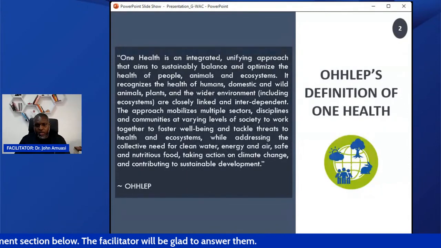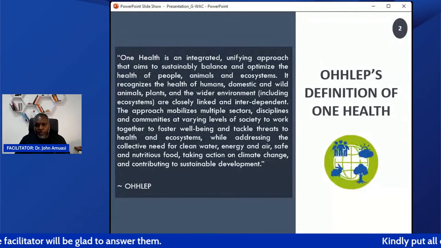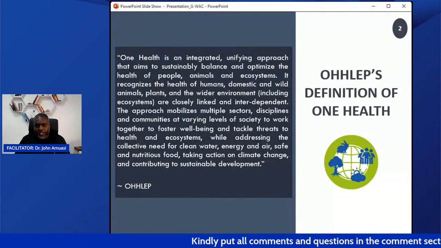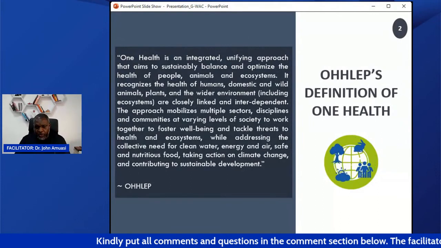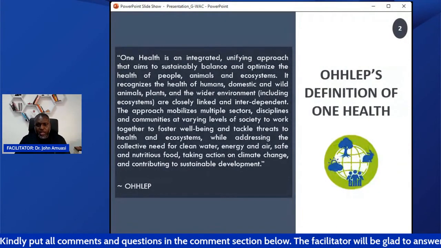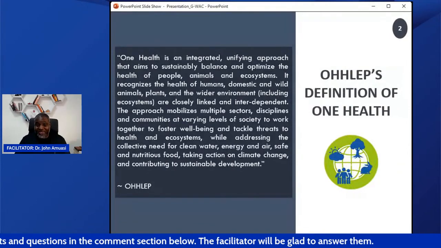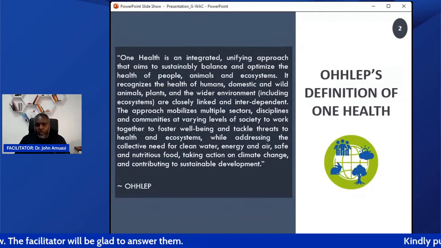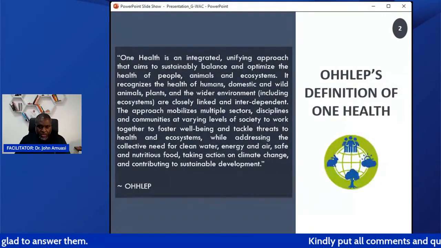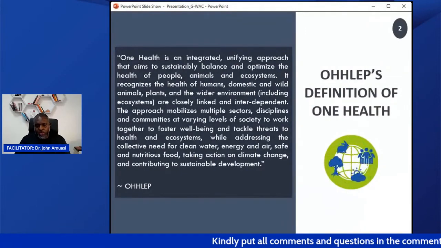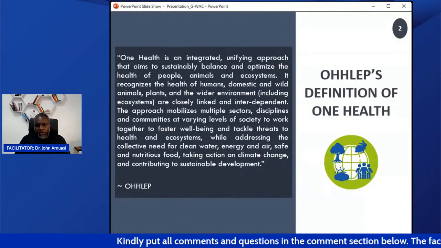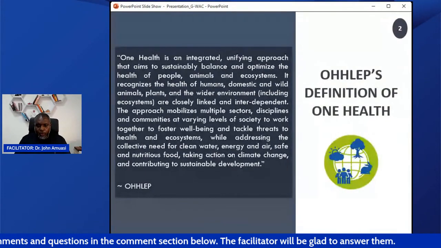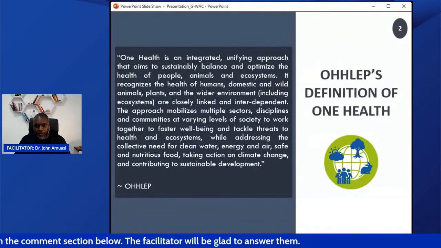It recognizes the health of humans, domestic and wild animals, plants, and the wider environment, including ecosystems, are closely linked and interdependent. Obviously, when you read this, humans and animals, not just animals, but domestic and wild, plants and the wider environment, by default, you're already invoking a wide range of stakeholders from very disparate disciplinary or professional backgrounds, which again speaks to the need for this balance and the need for this collaboration.